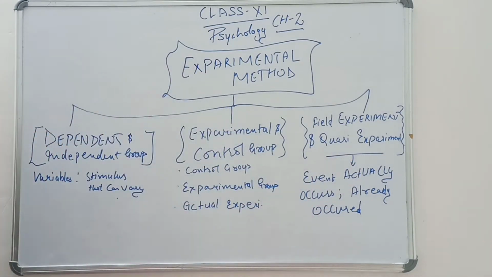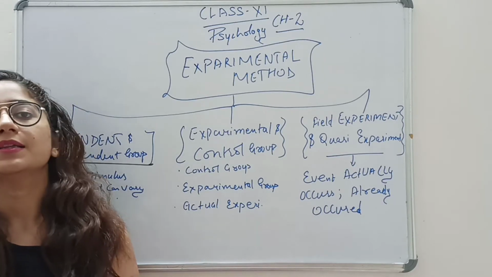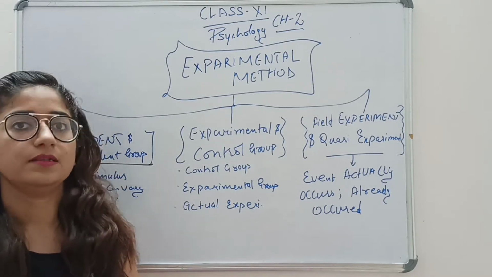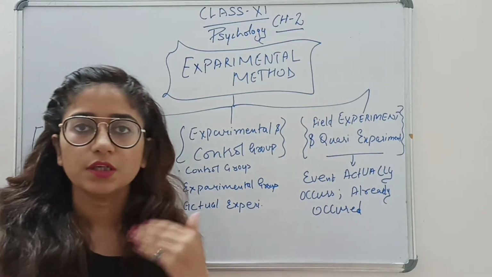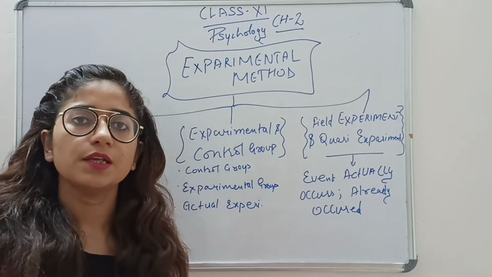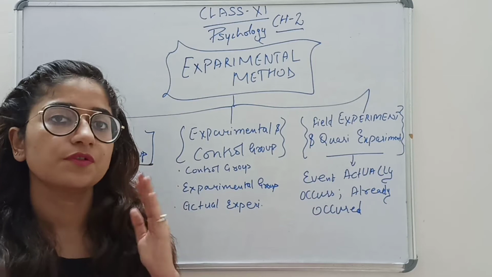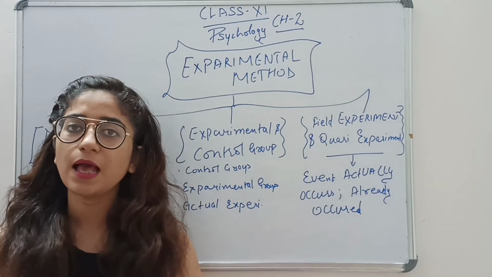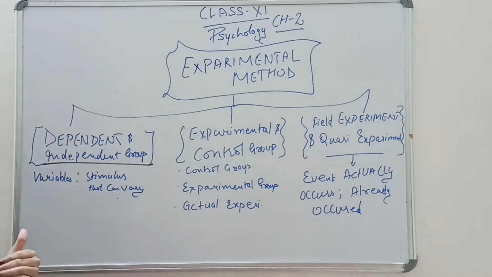Okay, in the dependent and independent variable, one is completely dependent, meaning for that you don't need any other thing to be understood, and the independent variable is dependent on the other point, on the dependent variable. It is dependent on the previous stimulus.